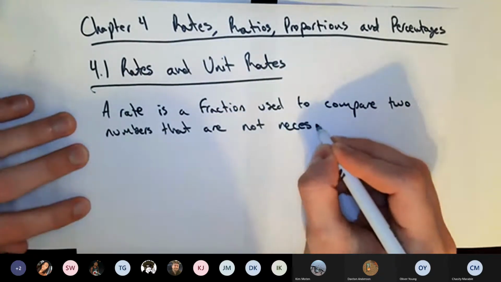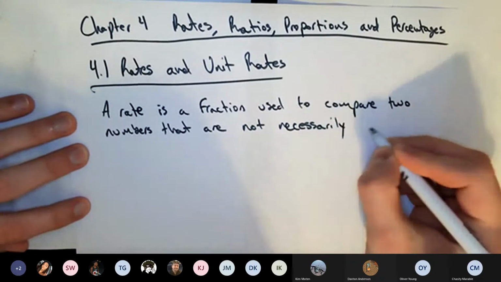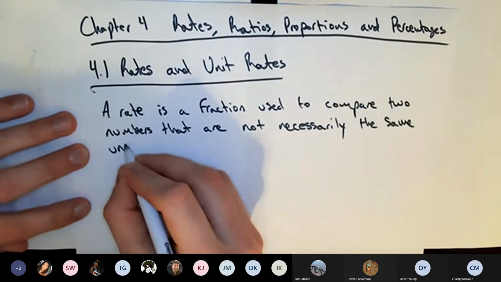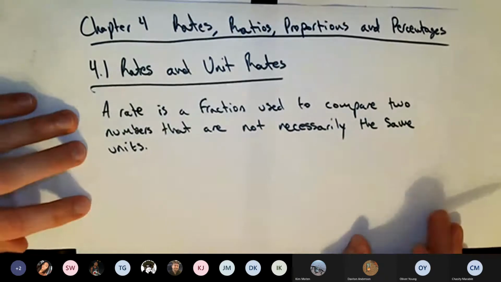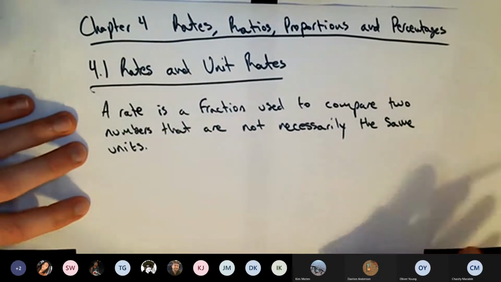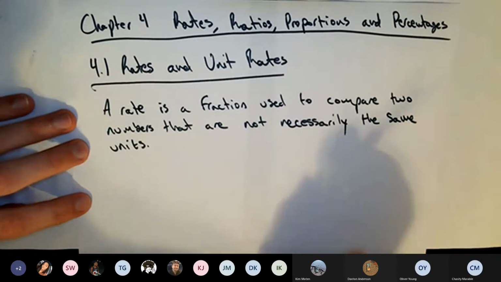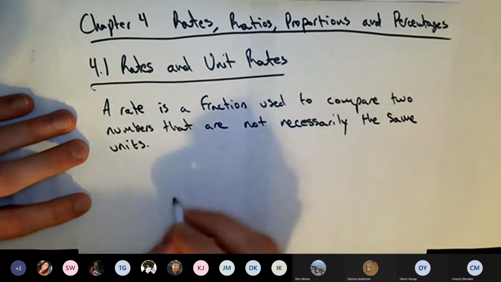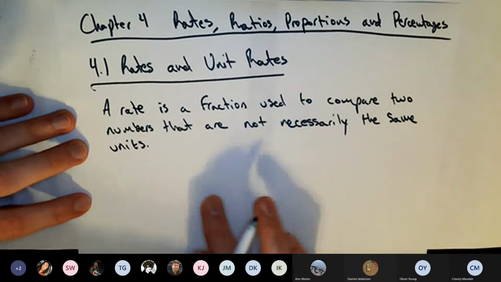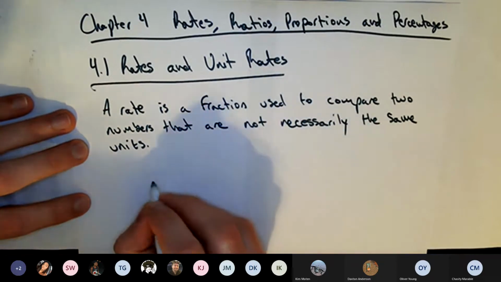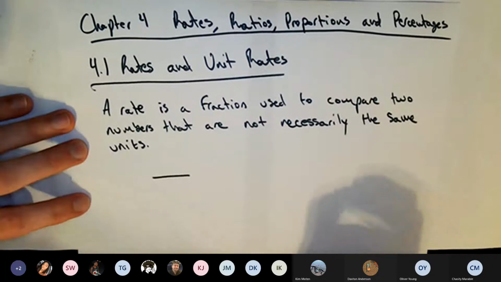I'm going to tell you what units means too. So a rate is just a fraction of numbers that has 2 quantities, top and bottom, that are used to compare those numbers, and they are going to have units attached to them.